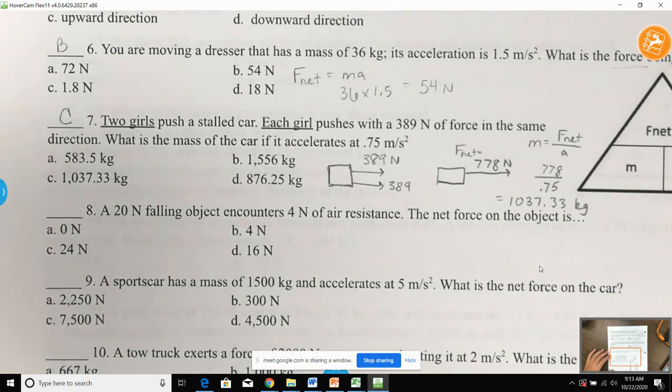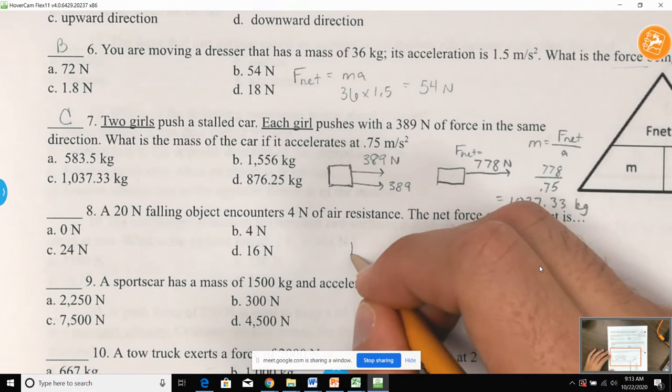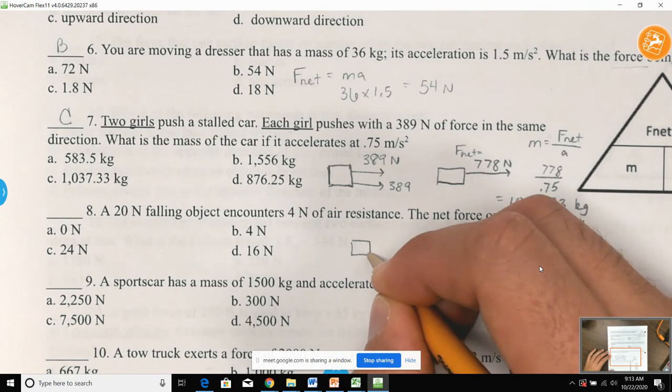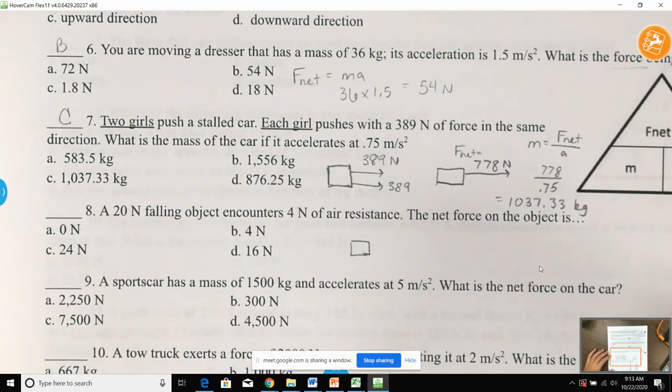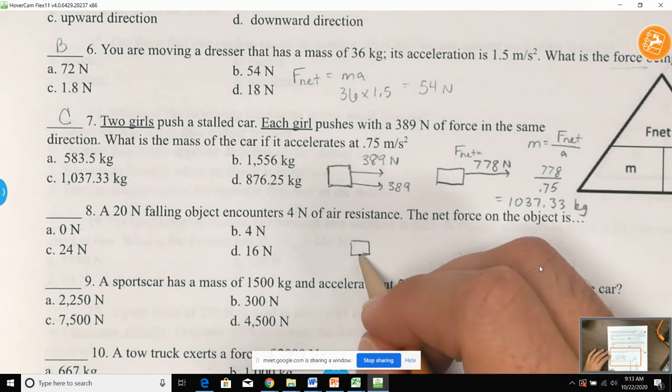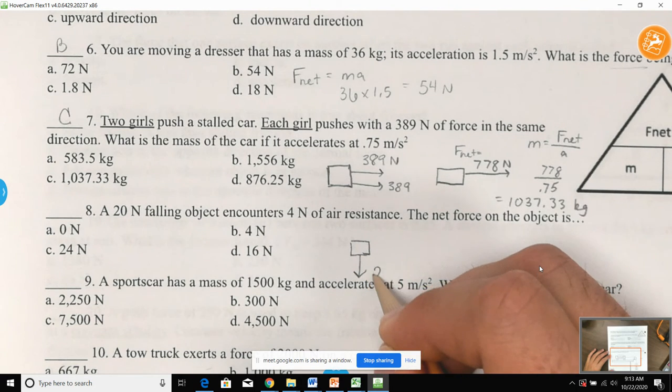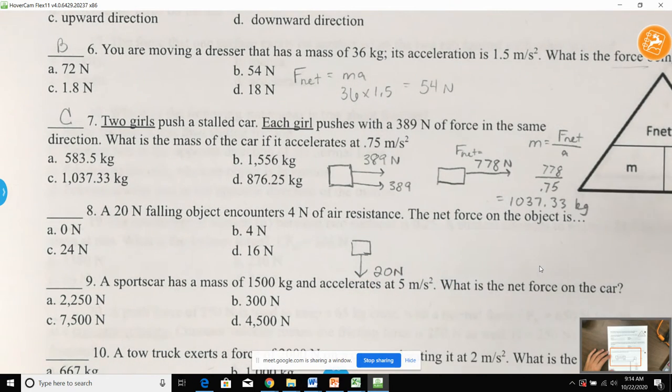All right. So, you have a 20 newton falling object. It encounters 4 newtons of air resistance. What is the net force on the object? Well, I'm just going to draw myself a little free body diagram. 20 newtons is the falling object's weight, and weight is always acting downward.